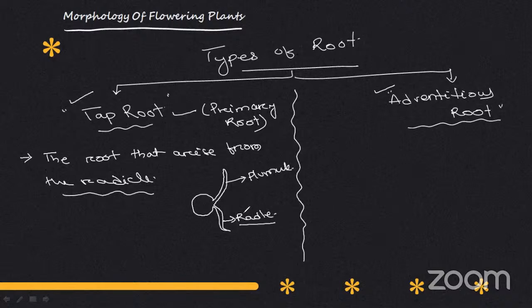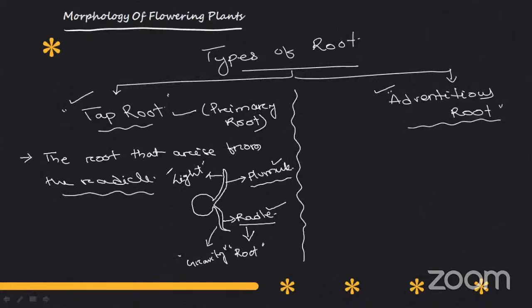So when we put this seed in water or in soil, the seed will give rise to 2 parts. One is your plumule part and another one is your radicle part. This radicle gives rise to the root system, because the radicle moves towards gravity, as we have discussed, and the plumule moves towards the light.